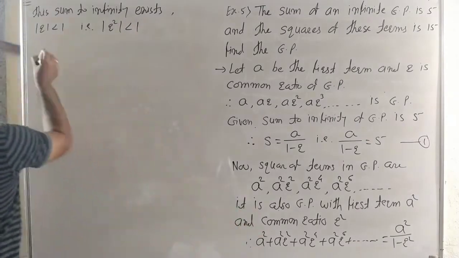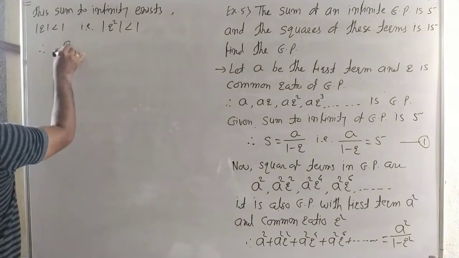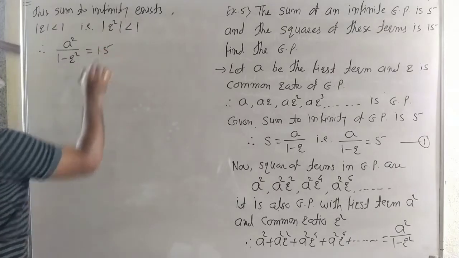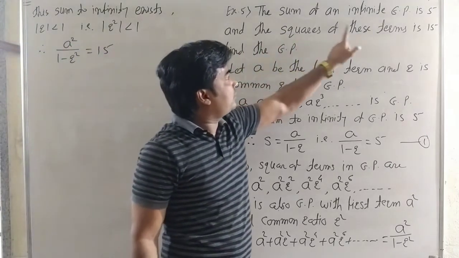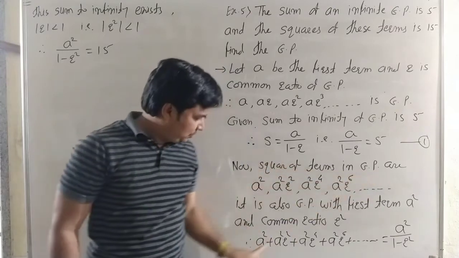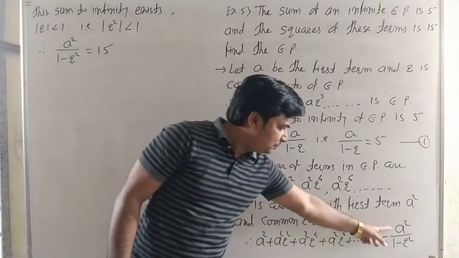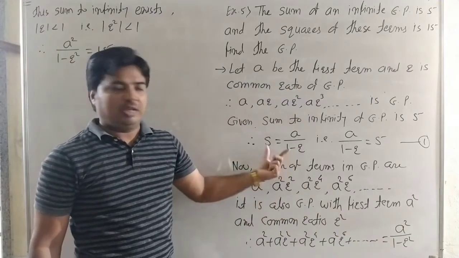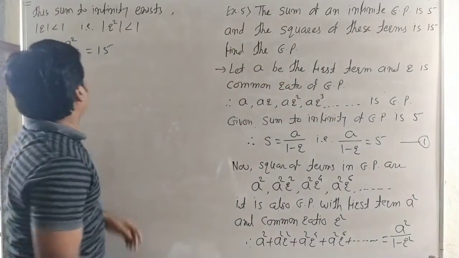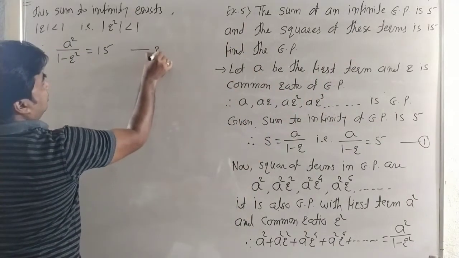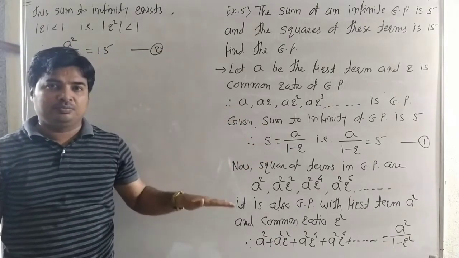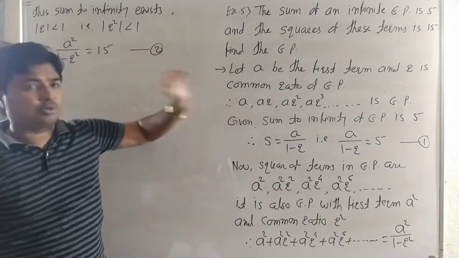And therefore we can write a square upon 1 minus r square is equal to 15. It is given that the sum of the squares of these terms is 15. These are the infinite terms, and the value of this sum is given as 15, okay. Now we can solve equation number 1 and equation number 2, find the values of a and r, and then we get the geometric progression.